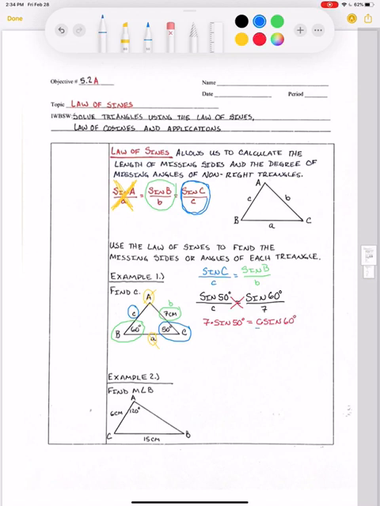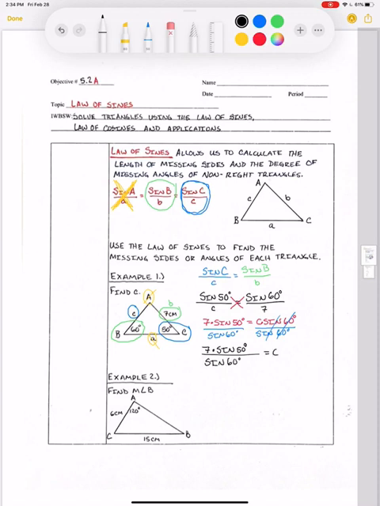To get C by itself, I'm going to divide both sides by the sine of 60. So the sine of 60 is going to cancel out. And it leaves me with 7 times the sine of 50 degrees divided by the sine of 60 degrees equals C.